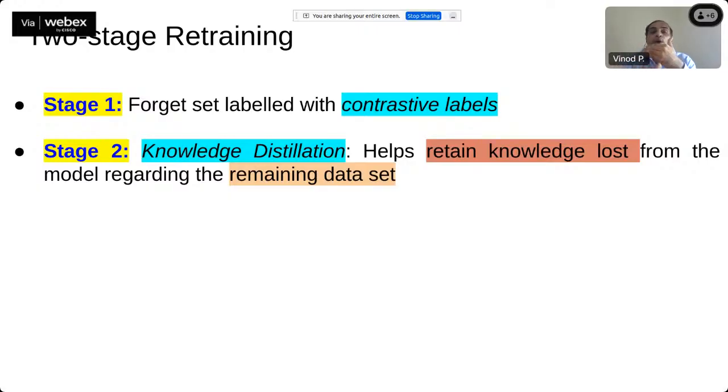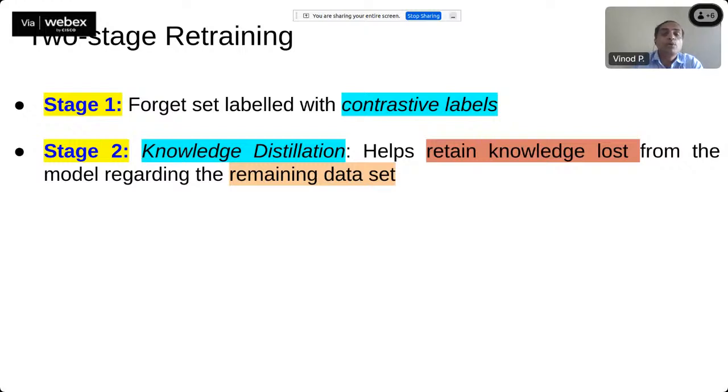In order to avoid that, we apply knowledge distillation so that the knowledge of the preservation set is passed on to the unlearned model, so that the knowledge of the retained set is preserved on the unlearned model.